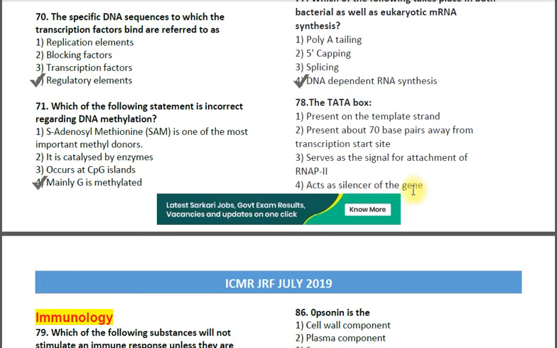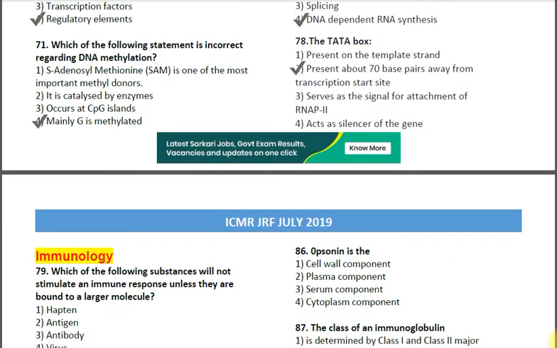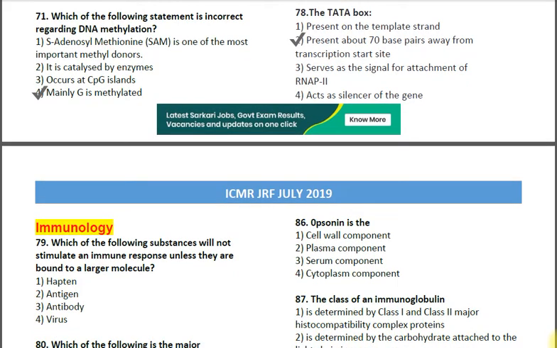The correct one is option 2, present about 70 base pairs away from the transcription start site. The TATA box is present on the coding strand where the RNA polymerase enzyme binds. So these were the questions from molecular biology.